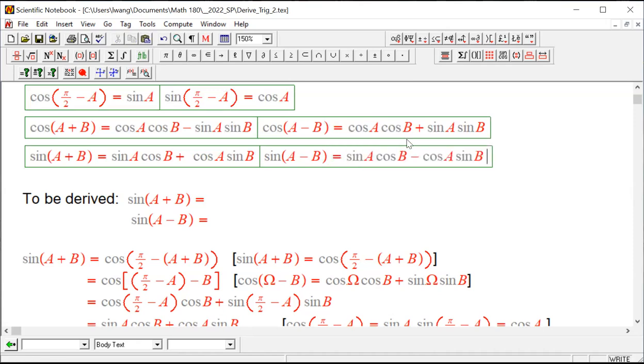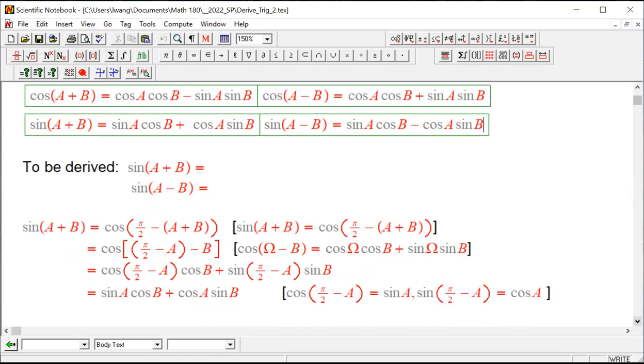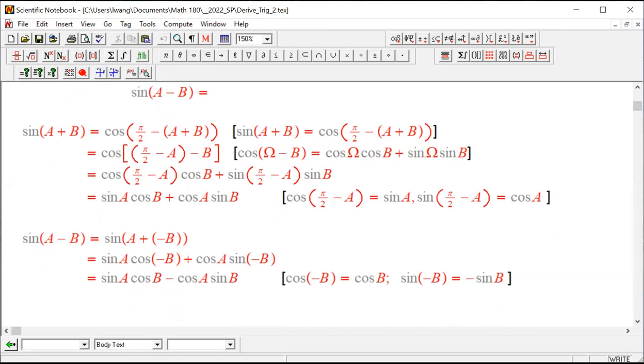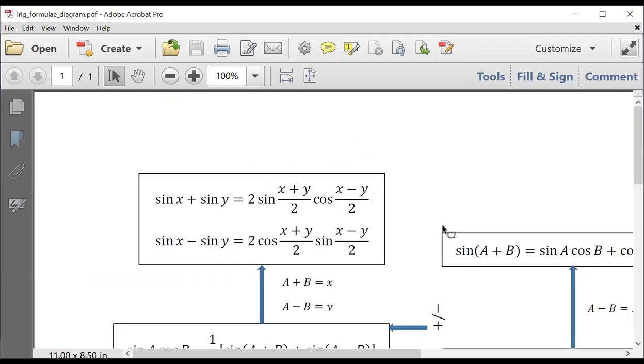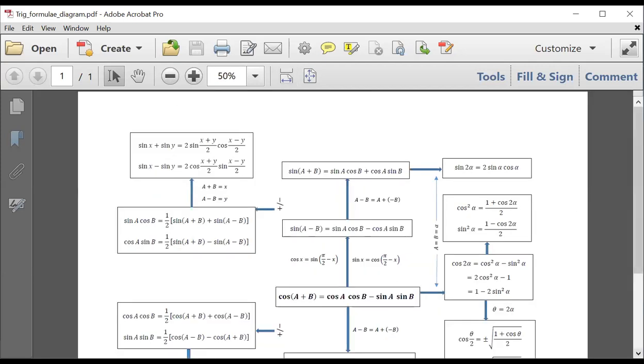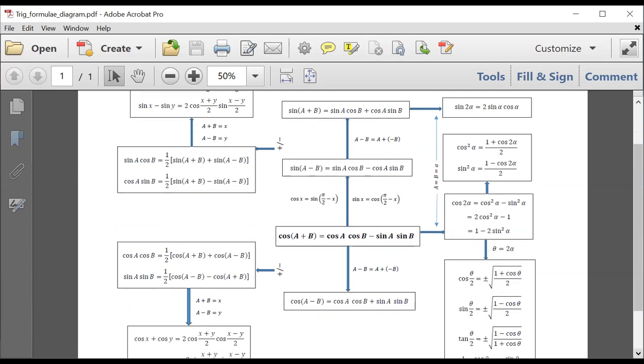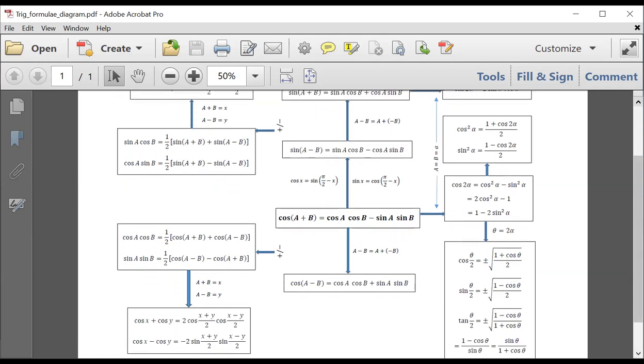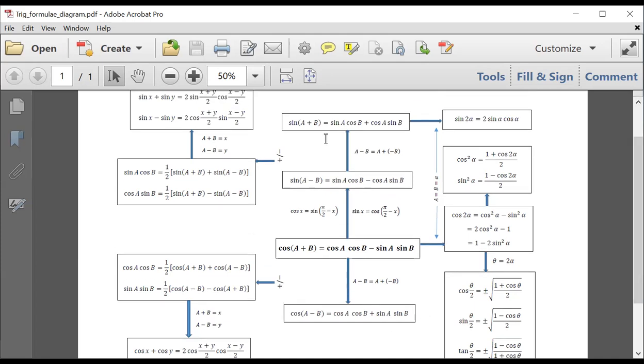Let's see what else we can get. If we look at our diagram, here it is, I bring it back up. We have done all the things in the middle.